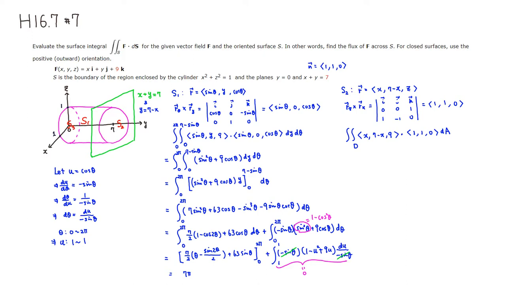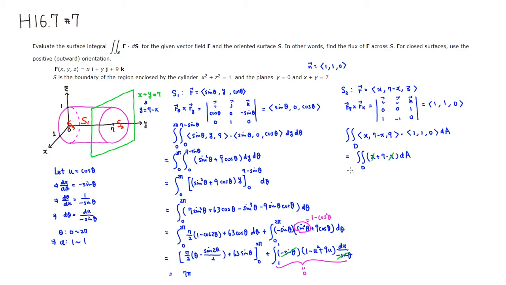So if you compute that, you have a double integral over D. If you multiply that, x times 1 is x plus 7 minus x times 1 is 7 minus x, and 9 times 0 is 0, dA. So we can cancel x and x here.